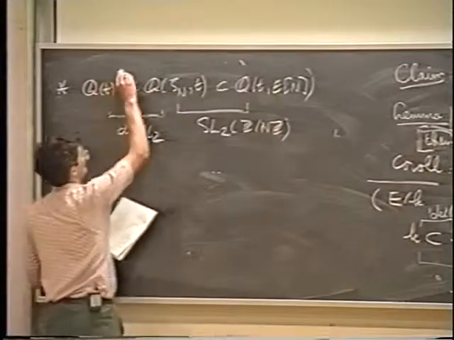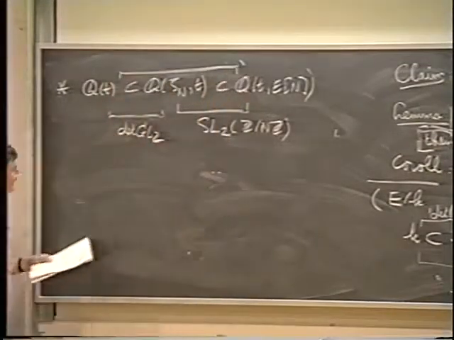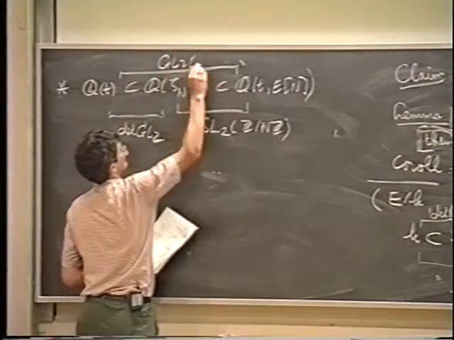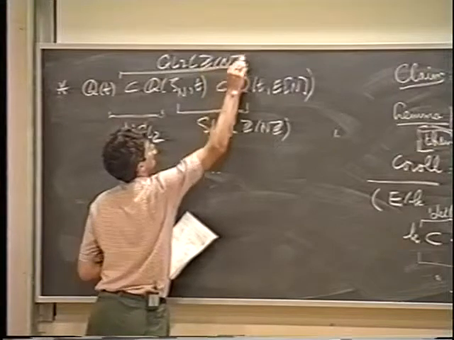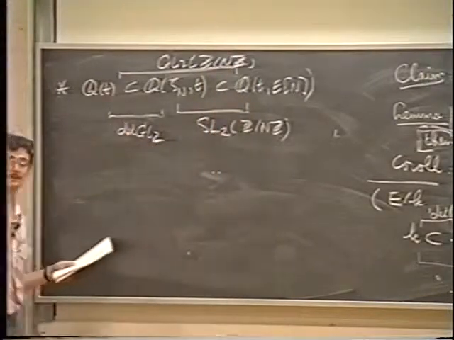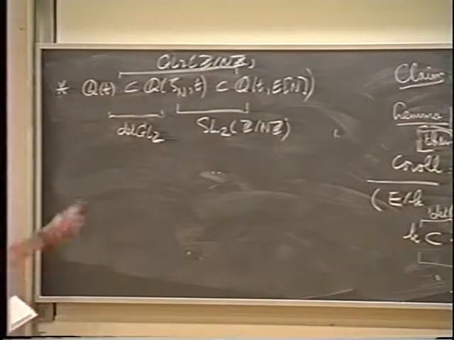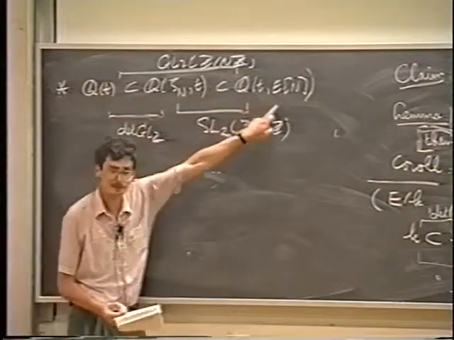So what we derive from this is inside GL2, and it's as big as GL2. So this has Galois group GL2(Z/n), this whole extension. And my function field, which I was trying to make, is between this one and this one.